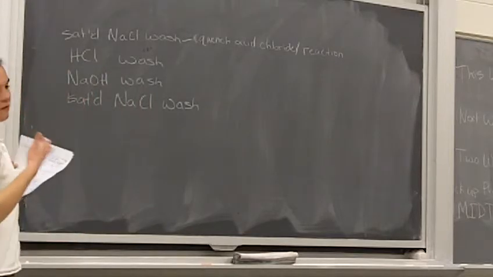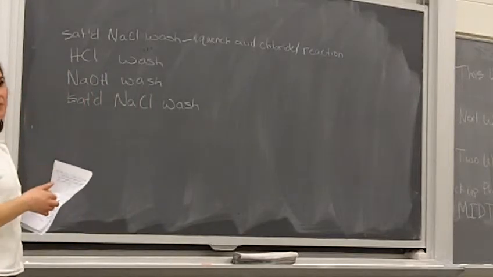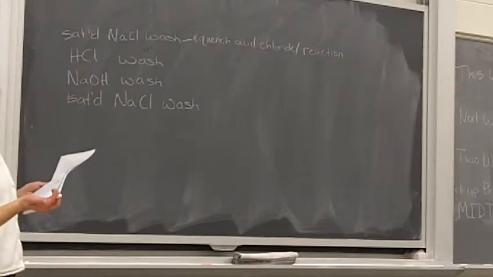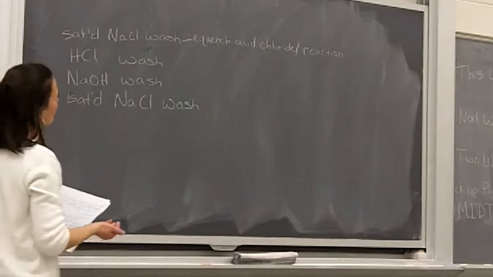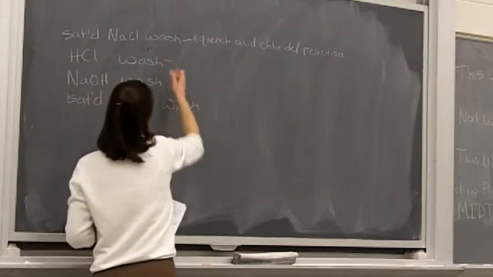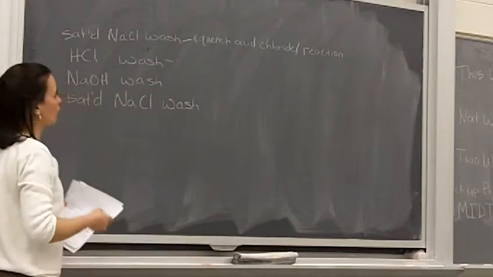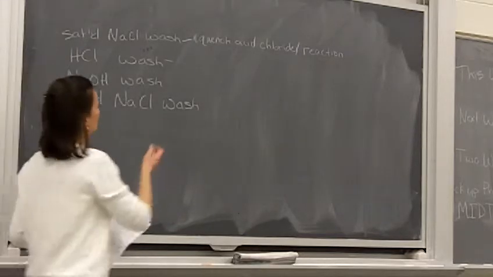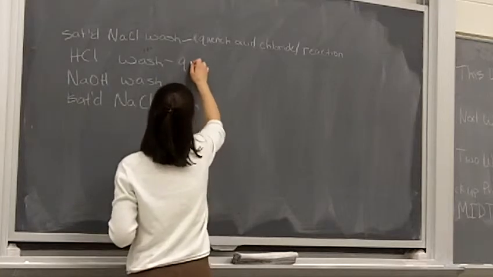So now the acid chloride has reacted with water. We have the carboxylic acid equivalent of it, but we don't have the acid chloride around to react anymore. Then we're going to quench whatever remaining pyridine is left, okay? So that's what that HCl wash is for.